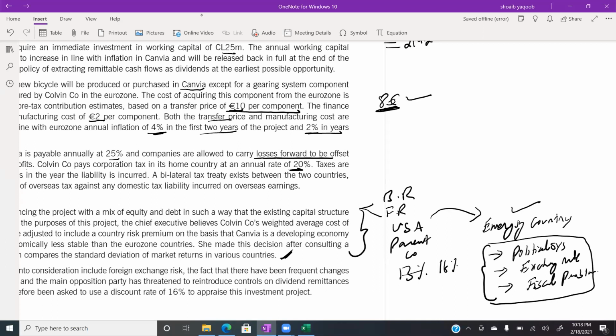So the director is saying that you want to invest in a less developed country and there can be more risk in that country. So to compensate for that risk, you should increase the discount rate. So country risk premium is the compensation for the additional risk which you are taking by investing in a less developing country.